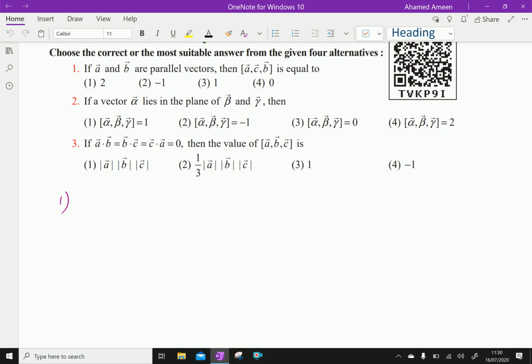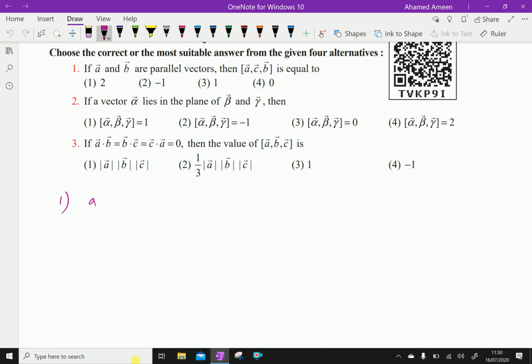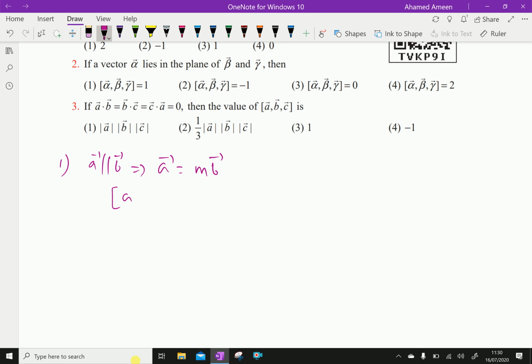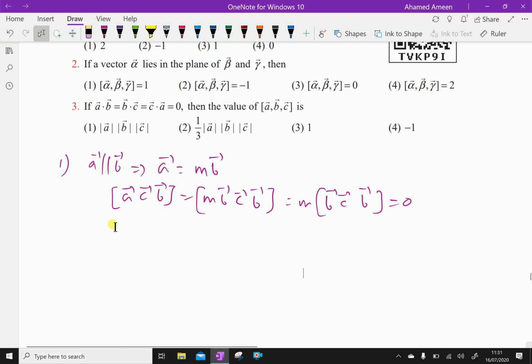Here A and B are parallel vectors, so vector A is parallel to vector B, then we can say vector A is equal to m times vector B. Therefore, A cross B is m vector B cross B, which is equal to 0. Therefore, the option is 4.